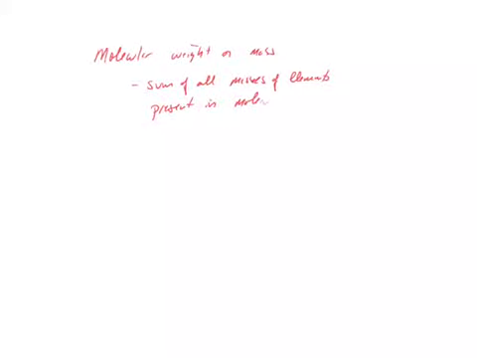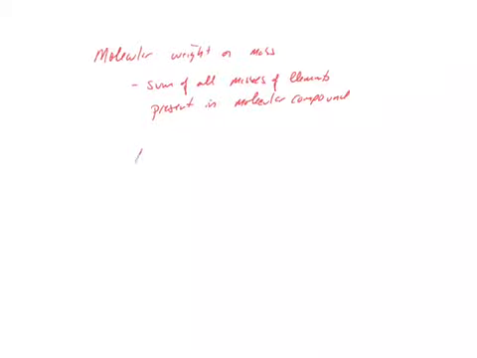So similar to the formula weight, we have the molecular weight or mass. And this is the sum of all the masses of elements present in a molecular compound. So molecules.